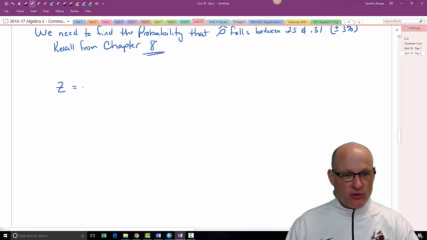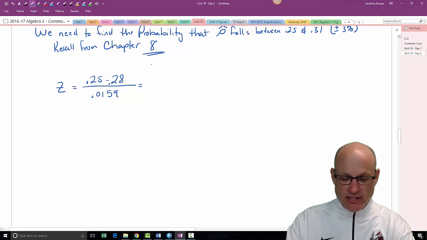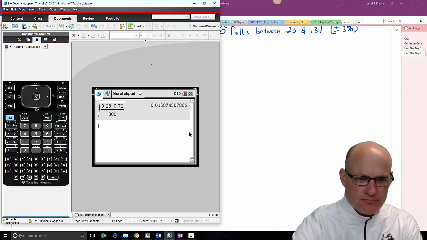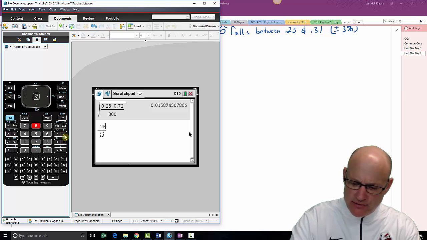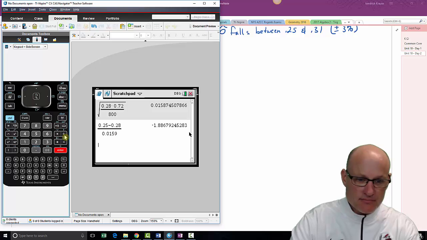In this case, our z-score is going to be 0.25 minus 0.28 divided by our standard deviation, which was 0.0159. All right, so I'll go with my calculator. 0.25 minus 0.28 all over 0.0159.